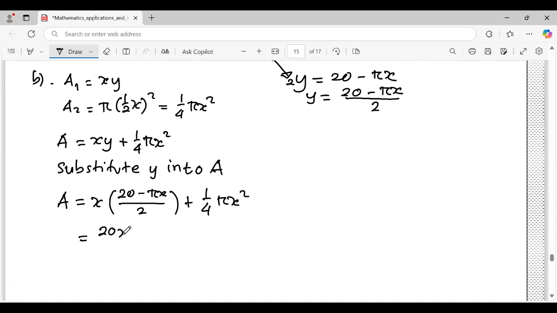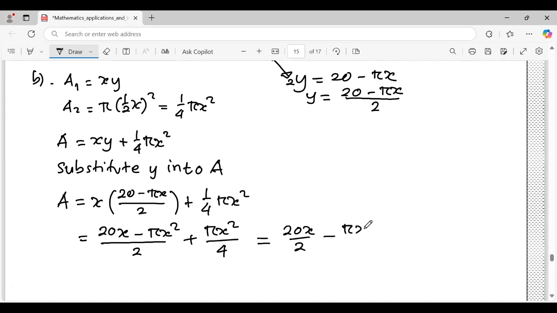That becomes 20x minus pi x squared over 2, plus pi x squared over 4. And it is 20x over 2 minus pi x squared over 2 plus pi x squared over 4.